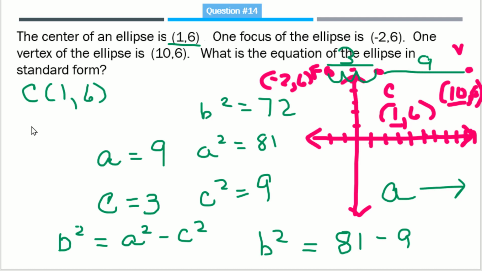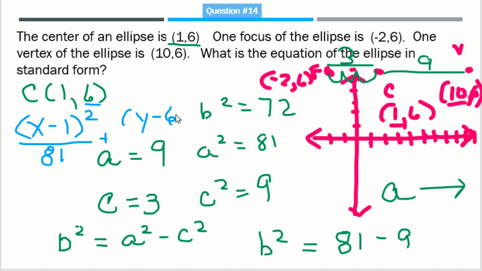The equation is x minus h, and h is 1, squared over a squared. A squared is 81, plus y minus k.